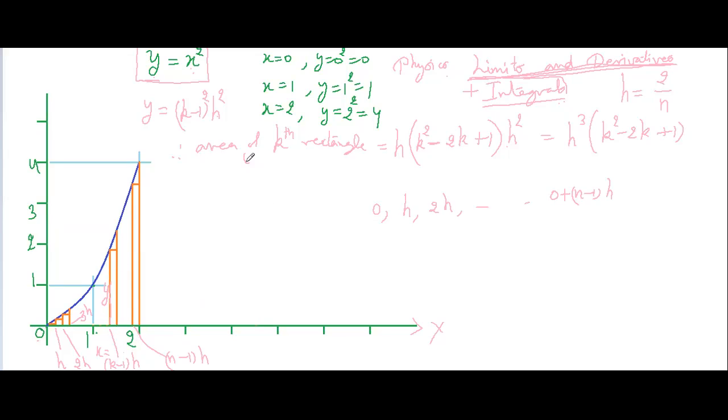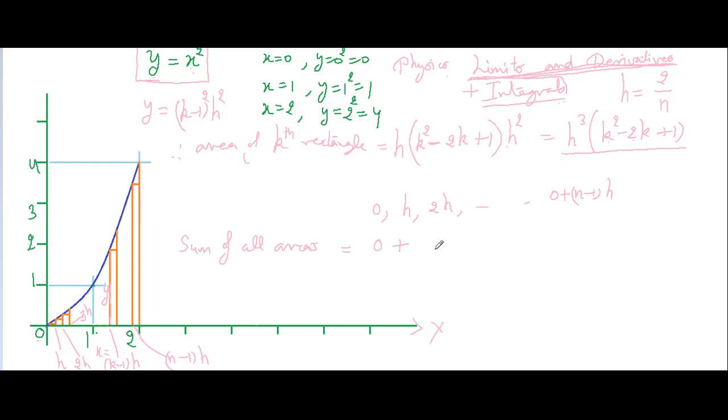So we have the area of the kth rectangle equal to this. And so we can add the sum of all areas of rectangles. For the first rectangle, you can take k equal to 1. So 1 minus 2 plus 1 is 0. So the first rectangle is actually having no height at all, so its area is 0. That term can be omitted, but if you want, you write 0. The second term, k will be 2.